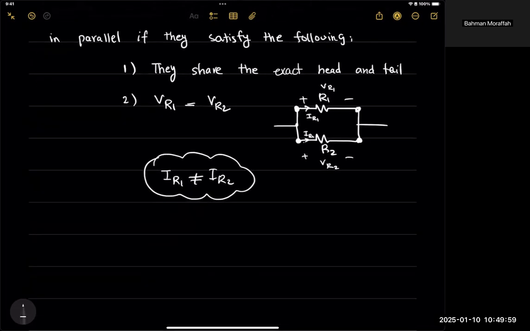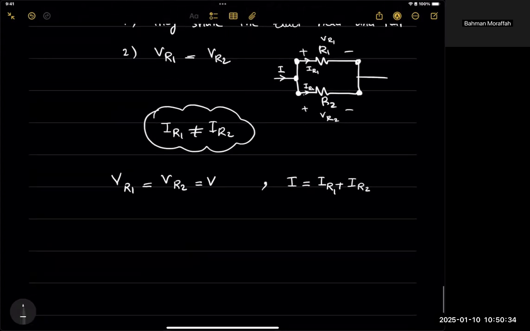So let's see what happens here. I know V of R1 is the same as V of R2. Let's call that V. If I call this I, the current going into this node, what we do know is that I is I of R1 plus I of R2. So keep that in mind.